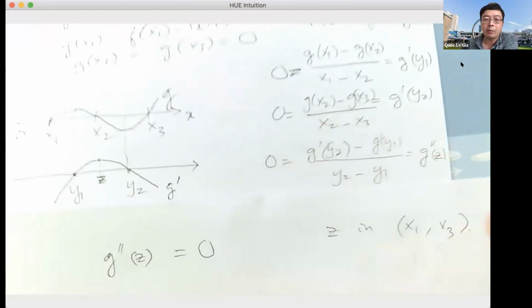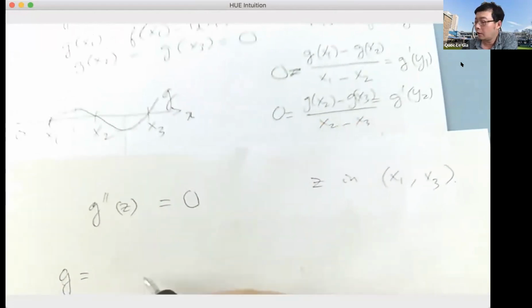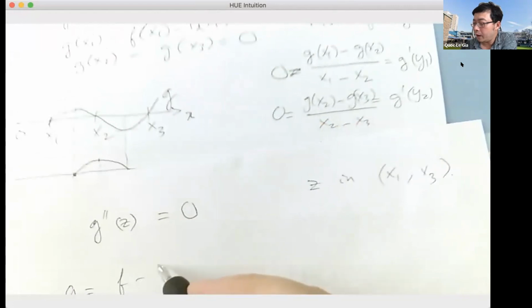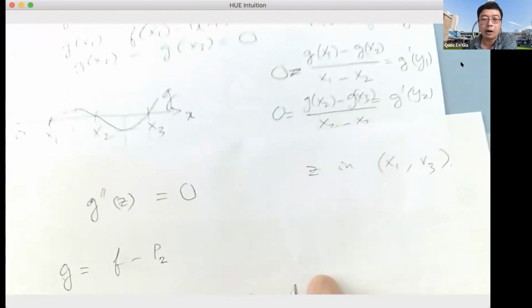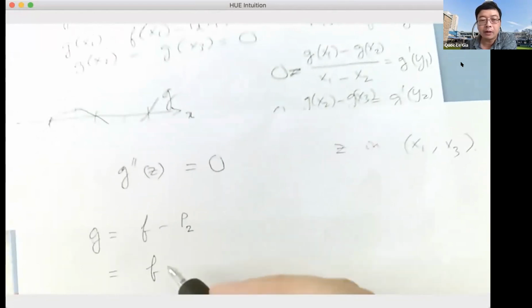But now remember, what is my g? If you go back to the beginning, g is just f minus p2. And f, we just write f here.